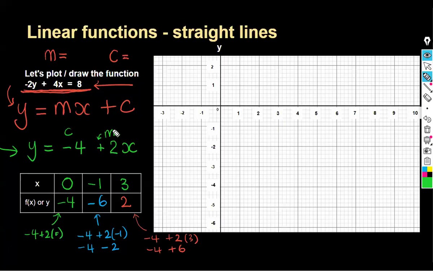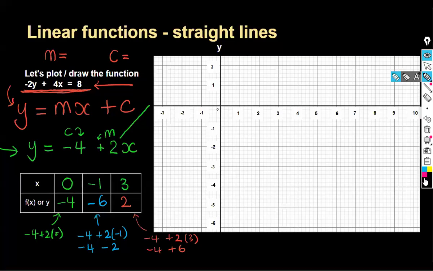Look at it. My gradient is positive 2, not negative 2. So since my gradient is positive 2, my graph will be sloping upwards. And where will it slice the y-axis? Minus 4. Let's see if my prediction is correct.